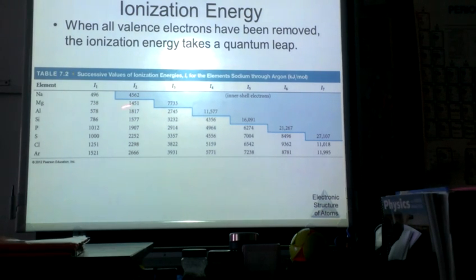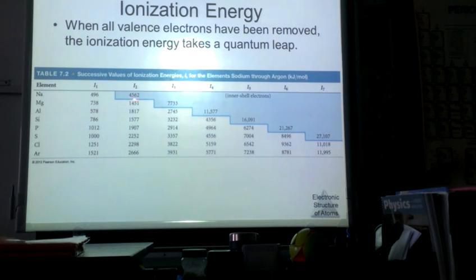So let's look then at the next one. Ionization energy of the first one is 738. The second one is 1451. The third one is 7,733. Huge jump. So I went from a big jump between 1451 to 7,733. So that's telling me I don't need as much energy to take off the first two valence electrons.